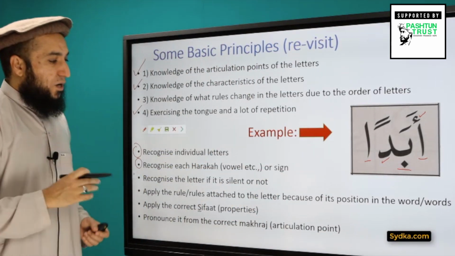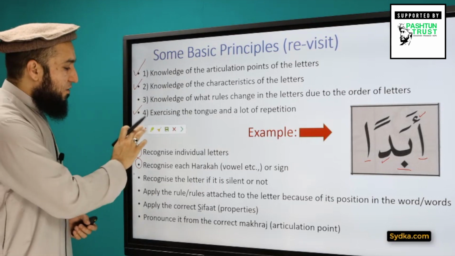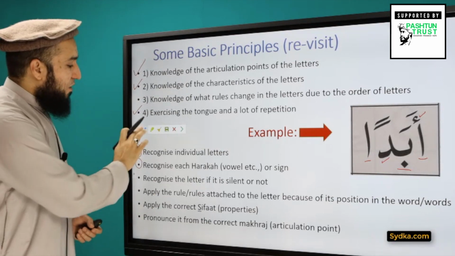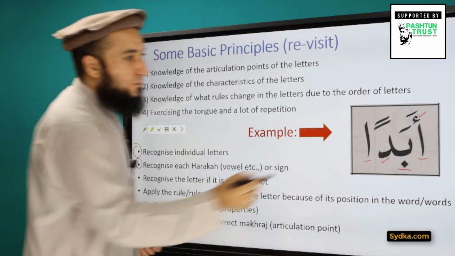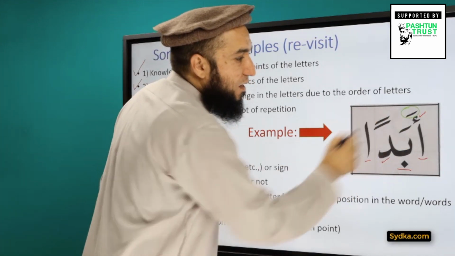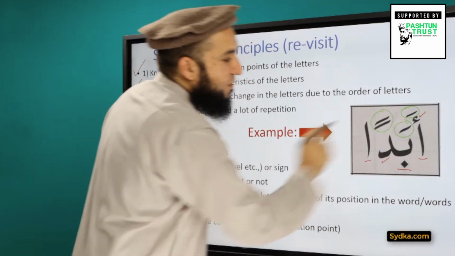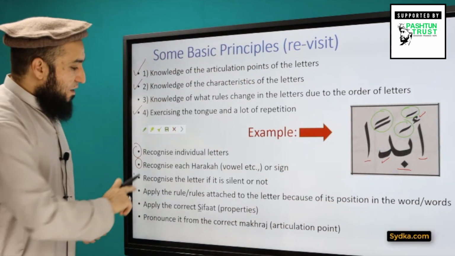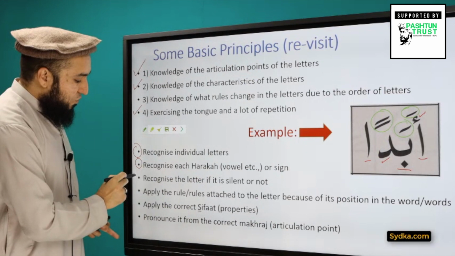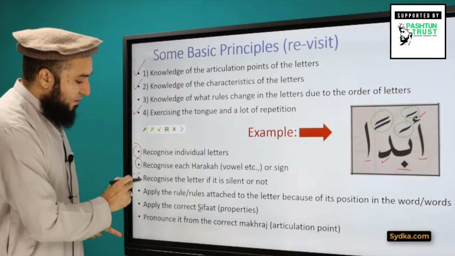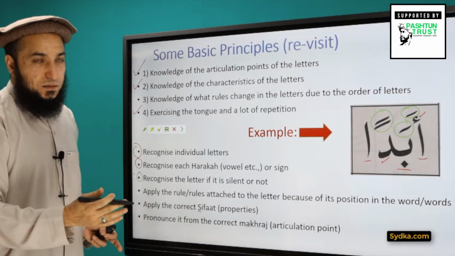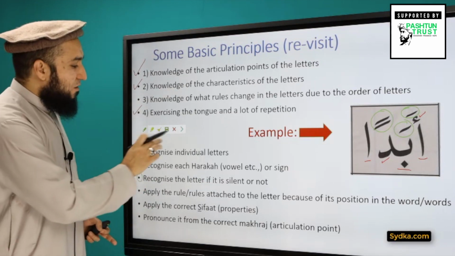In step two, we recognize the harakat that are used. The signs here are fatha, fathatain. So we recognize the harakat. The next step is to recognize which letters are silent and which aren't.